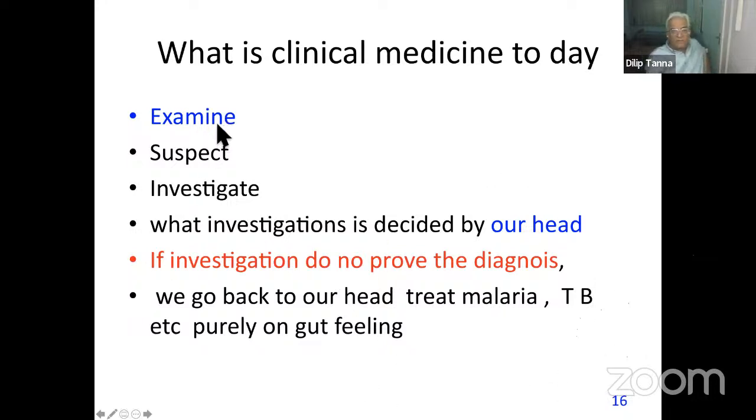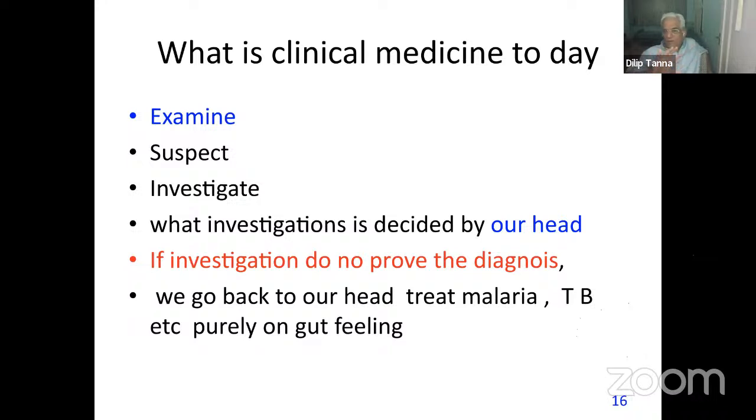So that's the reason when you examine, you have to suspect. All I can find is minimal restriction of external rotation in the hip. And then I have to feel that this may be AVN, and I have to ask for an MRI. And that is the way in which you will get the earliest possible diagnosis.